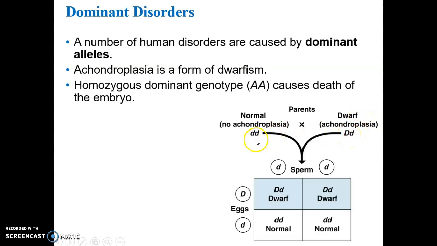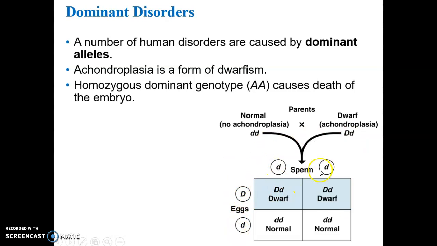If they mate with a normal individual, since the condition is dominant, notice the probability: 50% of the offspring are going to have the condition phenotypically, the dwarfism, because 50% of the individuals are going to be genotypic heterozygotes. The normal individual can have gametes with only recessive alleles, but the dwarf is going to have gametes with the dominant or the recessive allele.